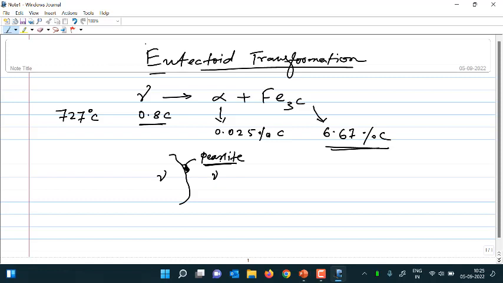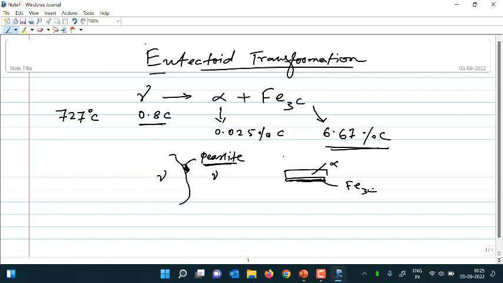Okay. Now, when it grows, as I said, the carbon has to redistribute between these two phases. So if it forms like this, a cementite followed by a ferrite lamellae.